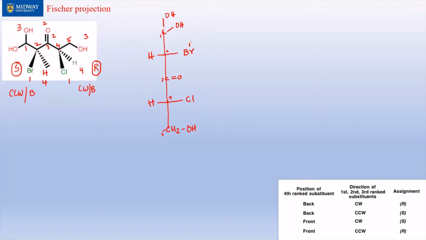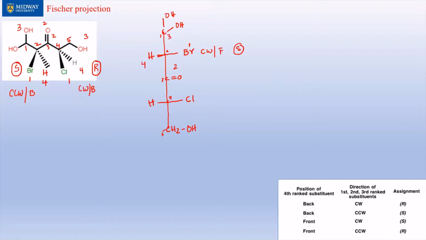So this is 1, clearly this is 2, this is 3, this is 4, and like I said, for convenience, assume this hydrogen is in the front. So it's 1, 2, 3, that's clockwise, and front. Clockwise front is S. That means we do not have to mess around with this part. Let's finish it and then go back and draw if we have to make any changes at all.